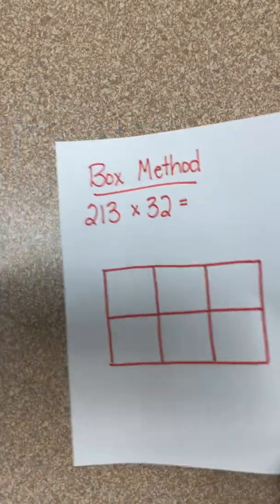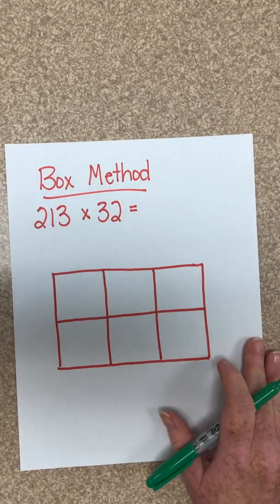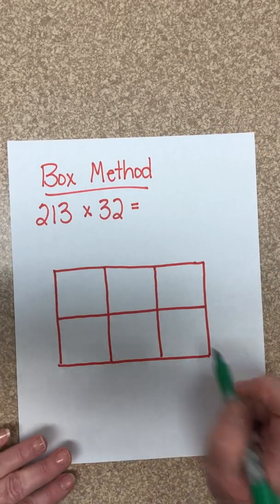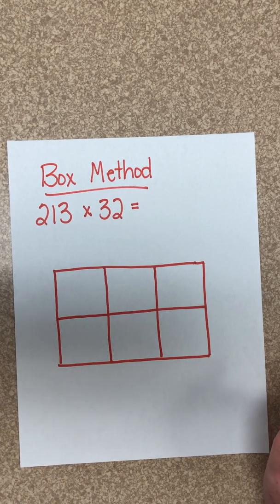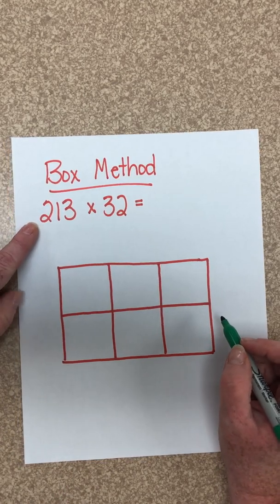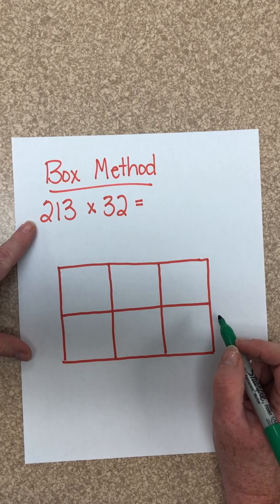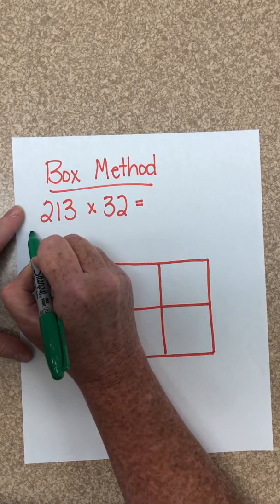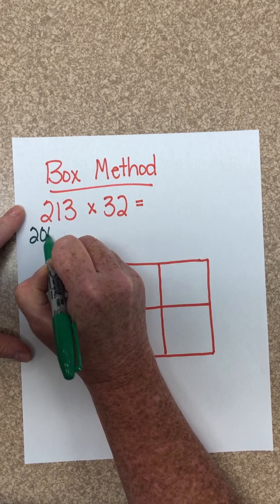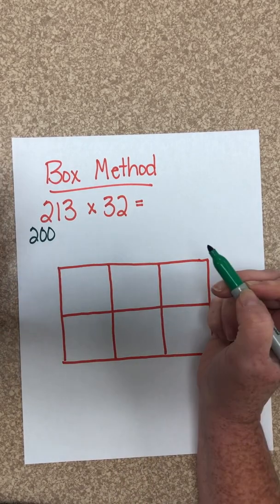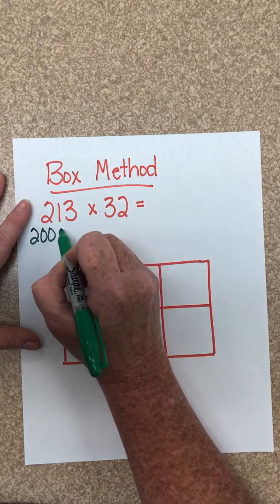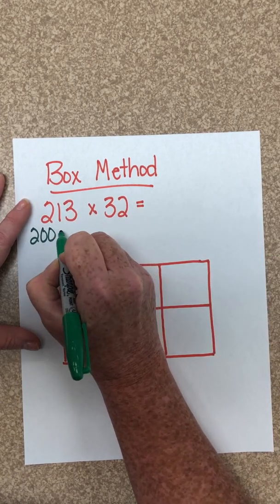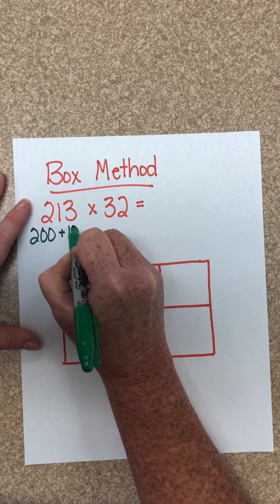Let's look at another method for solving this multiplication problem. 213 times 32. This is the box method. Let's start with the first number and think about how we say it correctly. 213. But we need to take the 13 and break it down. So 1 is in tens place, so that is 10.